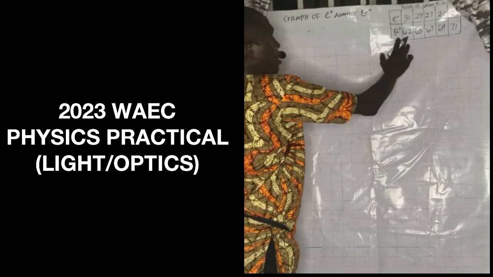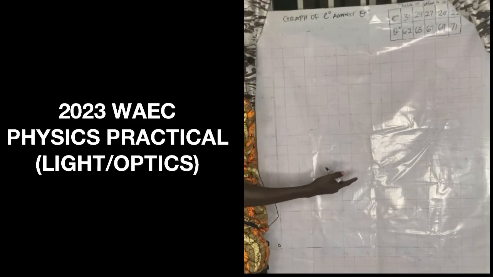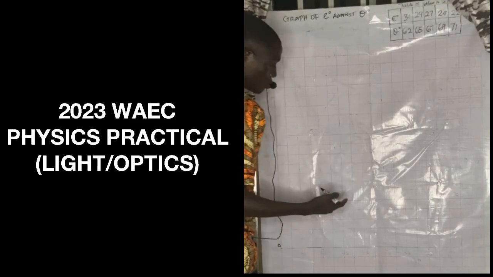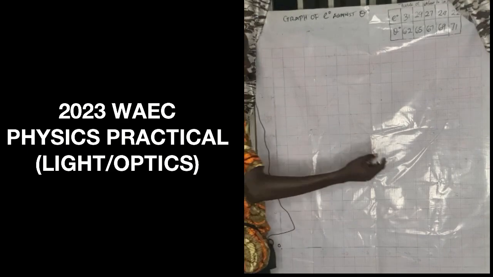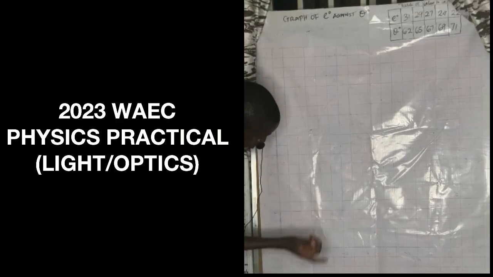Now the other one is 62 and 71, meaning that the highest value here is 71. So I must choose a scale that will get to 75 or 80. If I choose first centimeter 10, then 2 centimeters 10, 20, 30, and so on and so forth.